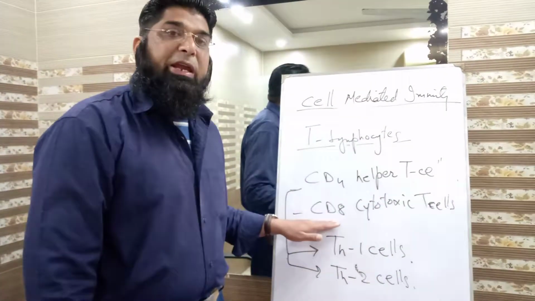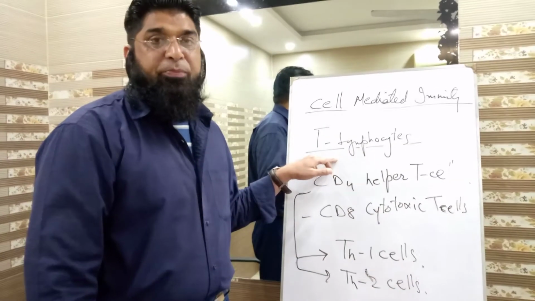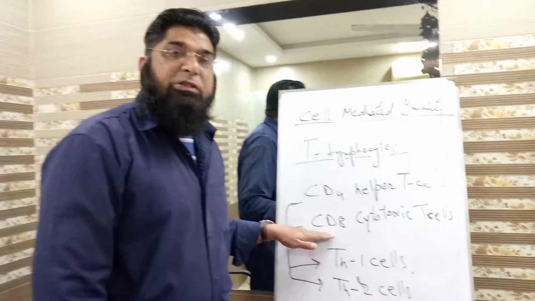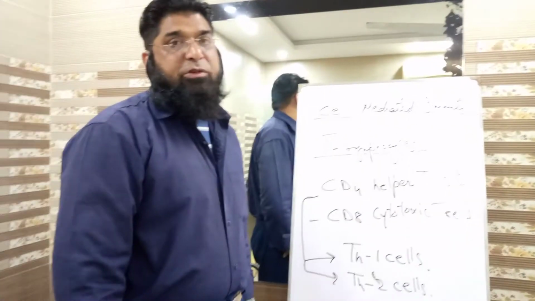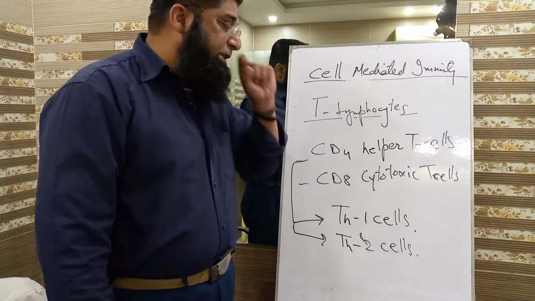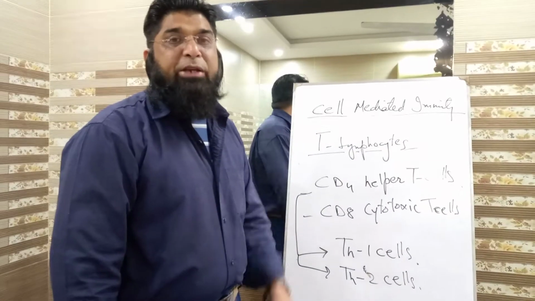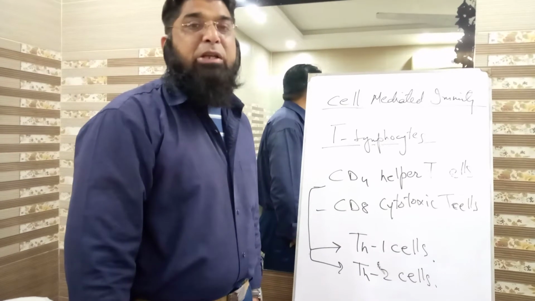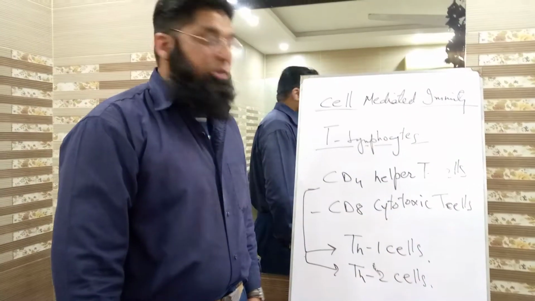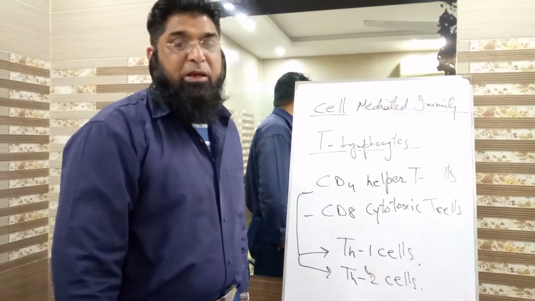Students, CD8 cytotoxic T cells are those T lymphocytes which possess CD8 surface proteins on their cell surface. And these CD8 cytotoxic T cells recognize those antigens which are in combination with class 1 MHC proteins on the surface of antigen presenting cells. Clear?